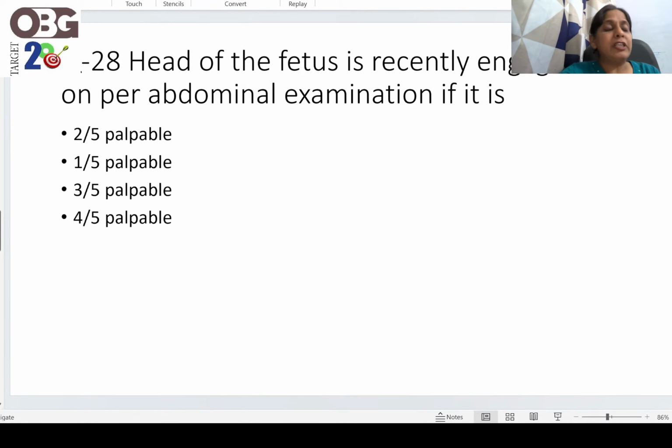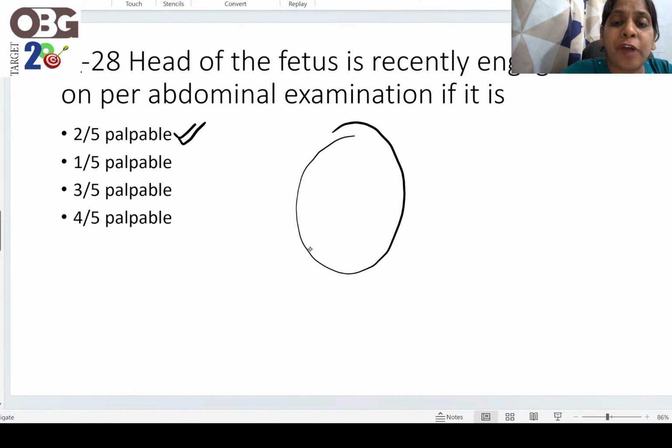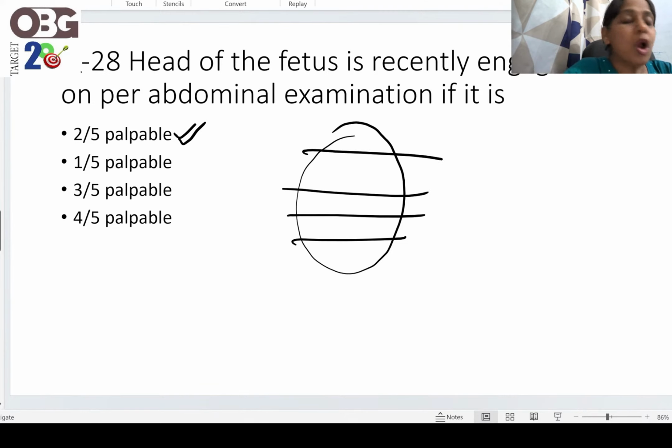Okay, head of the fetus is engaged. Now you know the definition of engagement is when the biparietal diameter goes into the pelvic inlet. At that time, what is the per abdomen finding? The per abdomen finding is 2/5 palpable. If we divide the fetal head into 5 parts, only these 2 parts will be felt on per abdomen.